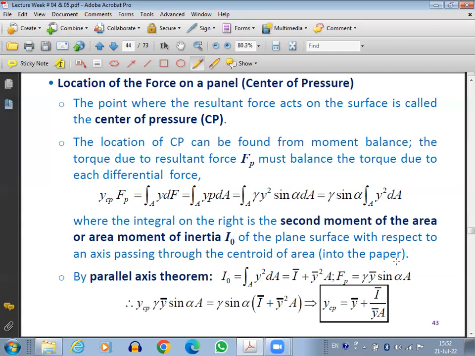But anyways, right now I'm not going to explain what the second moment of area is. This is another big topic, and there is no time to go through it right now. But presuming that you know it and you're just shy to tell me, I'm going to continue with this presumption.